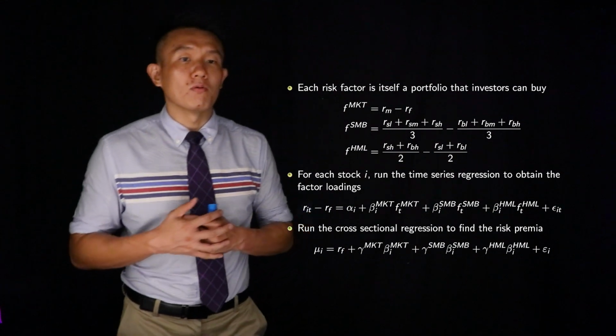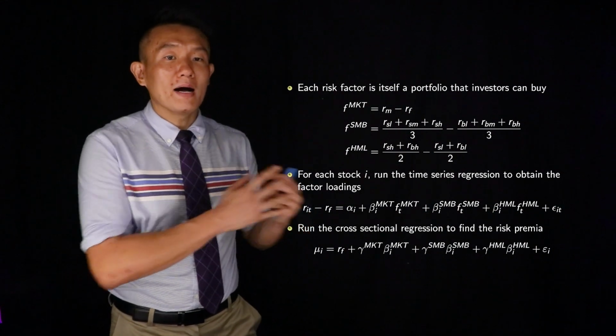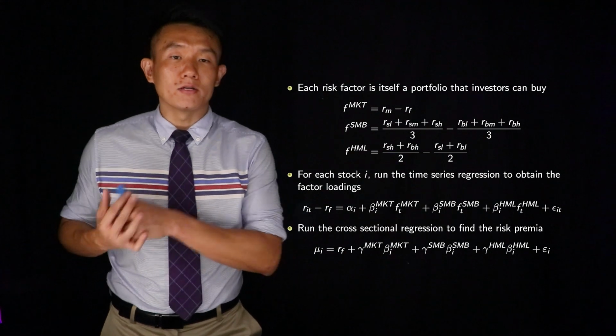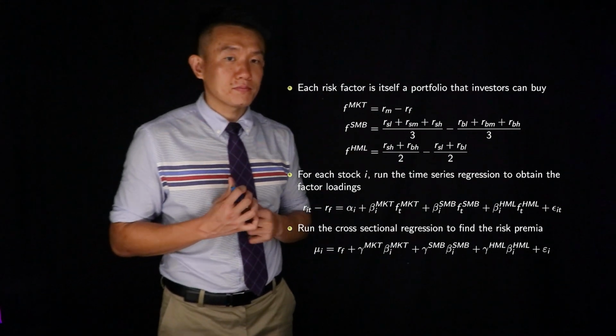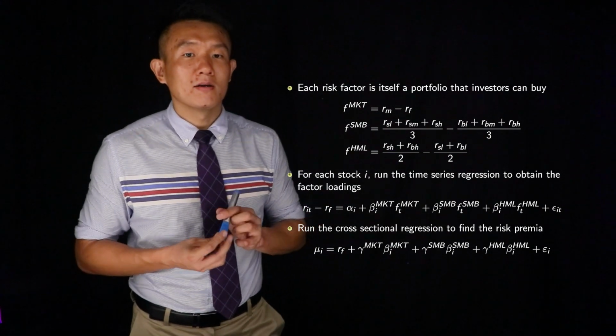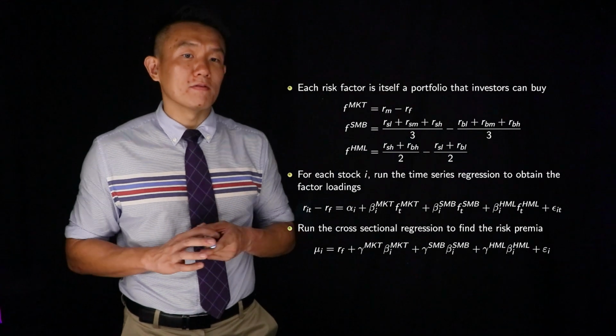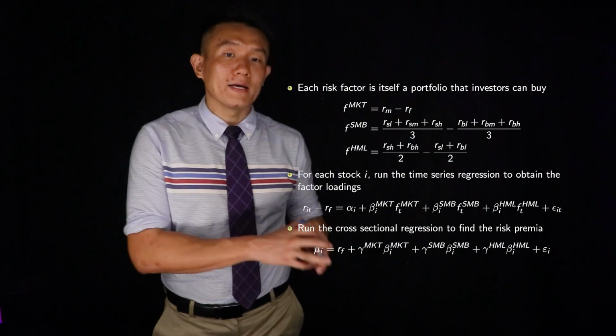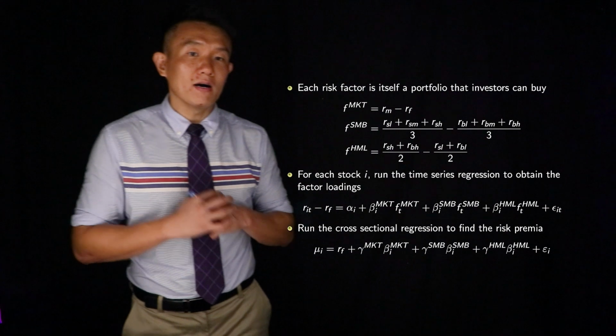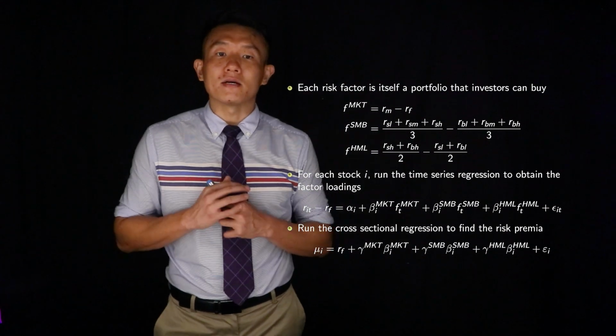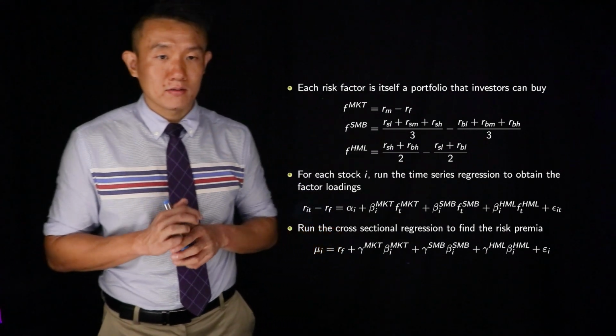Well, that represents a portfolio where you buy the small stocks and you sell the big ones. And the HML risk factor, well, that represents a portfolio where you're buying the high book to market, the value stocks, and you're selling the low book to market, the growth stocks.